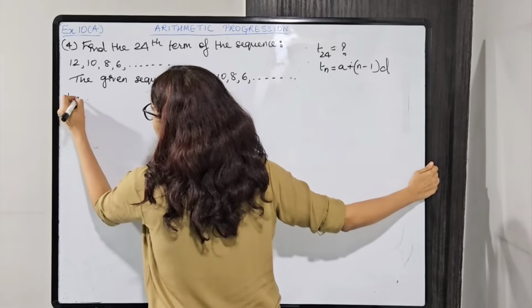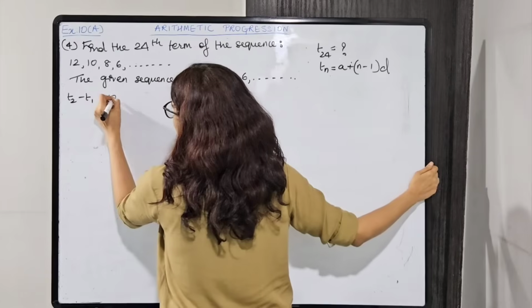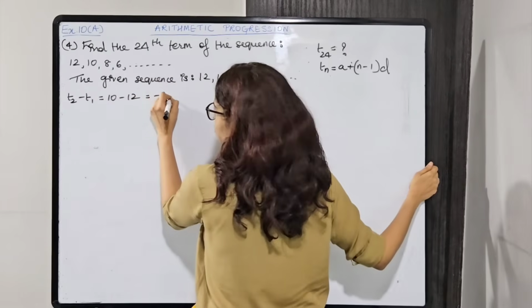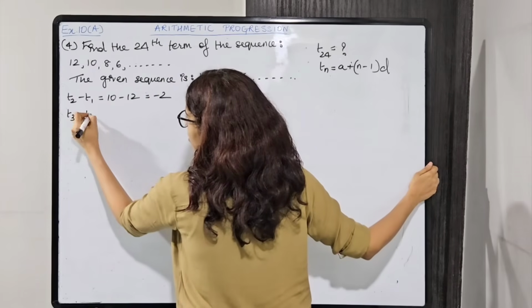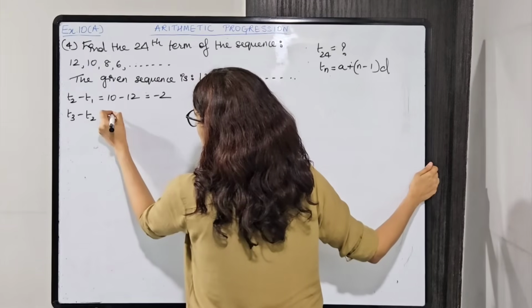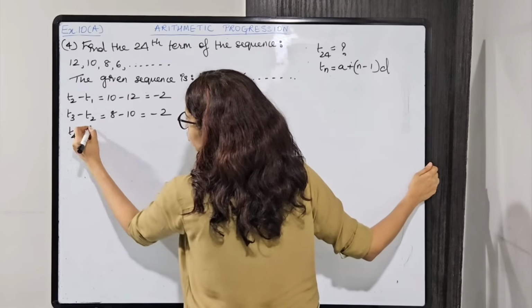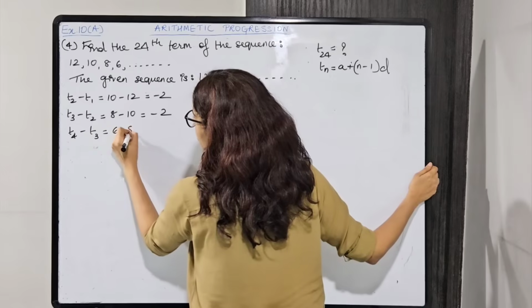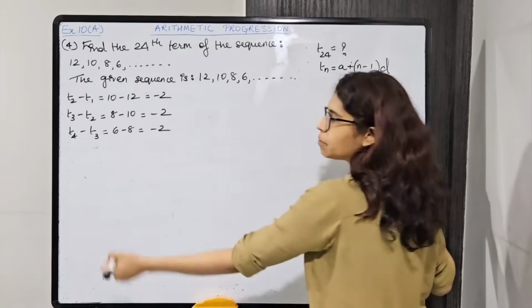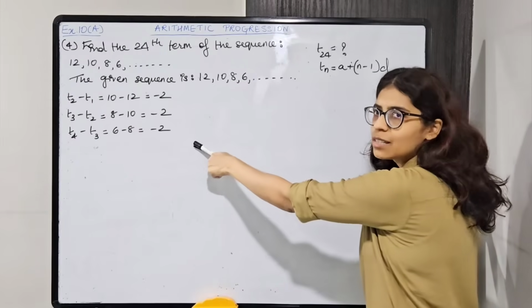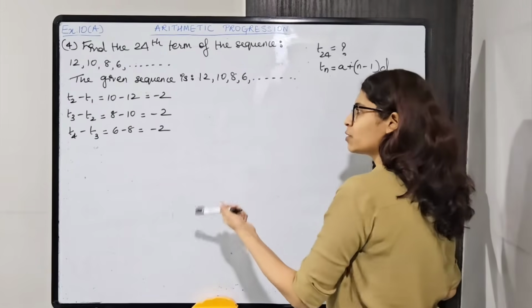So T2 minus T1 is 10 minus 12, which is minus 2. T3 minus T2 is 8 minus 10, which is again minus 2. T4 minus T3, 6 minus 8, वापस से minus 2. So yes, the difference between two consecutive terms is constant.